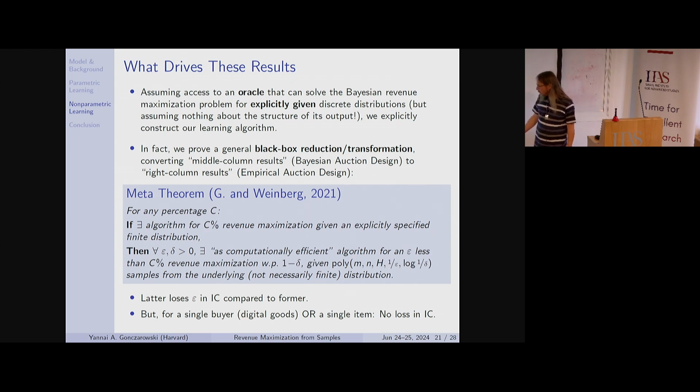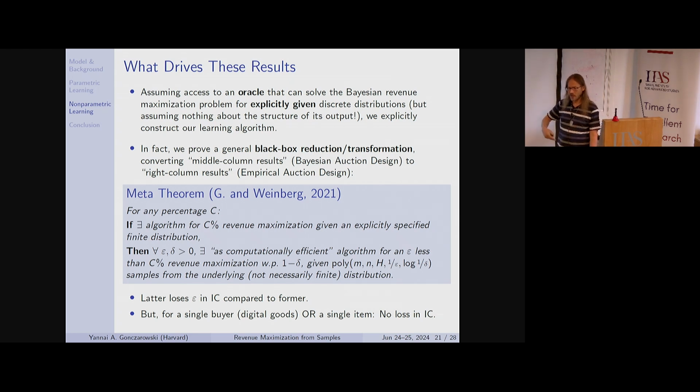But if you give me a finite distribution, sorry, here, a distribution with finite support. So it loses an epsilon here compared to here, except for a single buyer or a single item, where there's no loss in incentive compatibility. For a single buyer, you can think about the example I gave yesterday with Apple Music selling a music track.